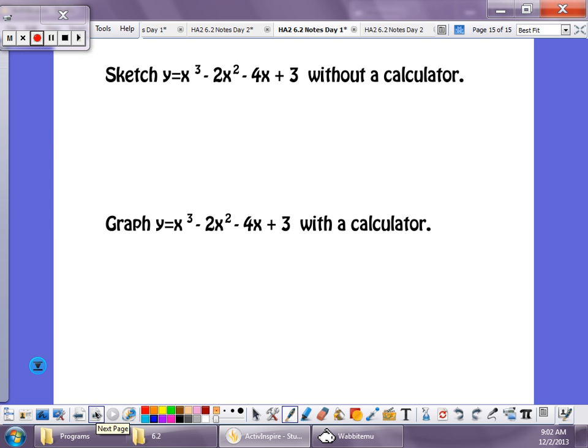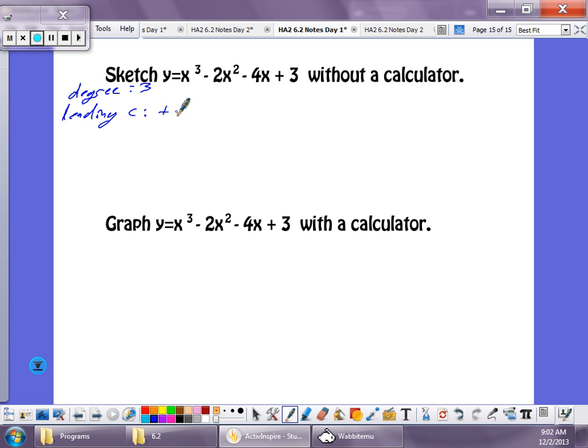Alright, so the last thing we're going to look at is how to sketch these using end behavior. So here we have x cubed minus 2x squared minus 4x plus 3. What degree does that have? 3, right? So degree 3. And is my leading coefficient positive or negative? Right, it's positive.